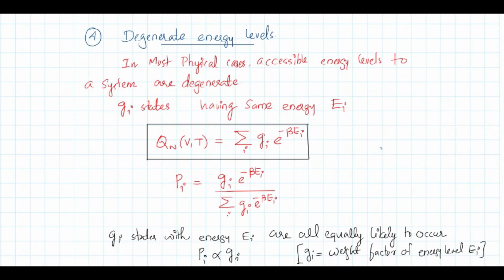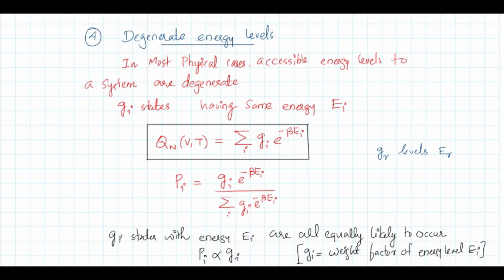If you have GR levels corresponding to an energy value ER, that means G1 levels corresponding to energy value E1, G2 levels corresponding to energy value E2, and so on, then the probability of finding the system in an energy value Ei will be Gi, which is a weight factor, into e raised to minus beta Ei divided by sigma i Gi e raised to minus beta Ei.